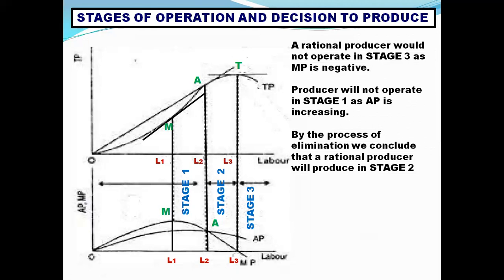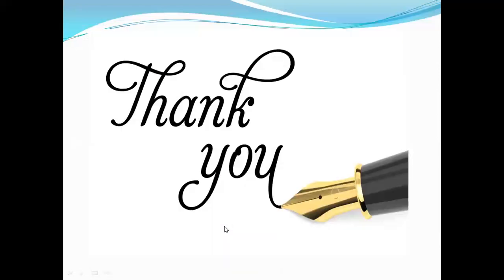And if AP increases, the producer's profit will also increase. So in stage 1, the producer will not operate because he can still increase his total profit by employing more units of labor. So by the process of elimination, we conclude that a rational producer will produce in stage 2. So the producer will operate in stage 2, right?